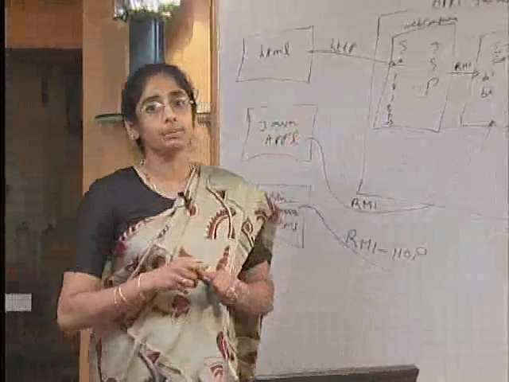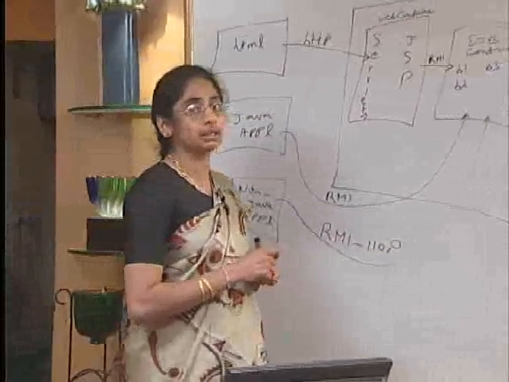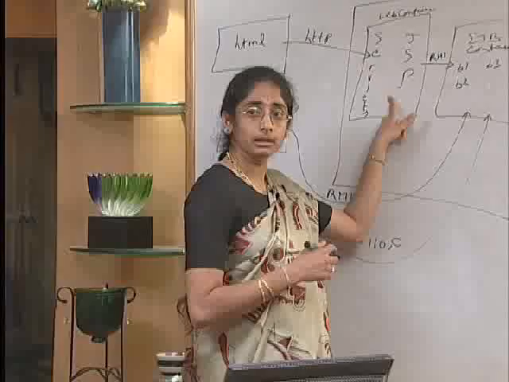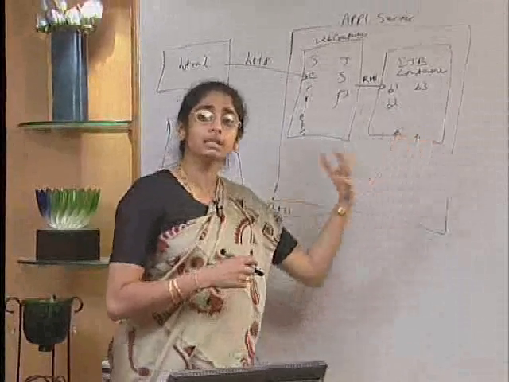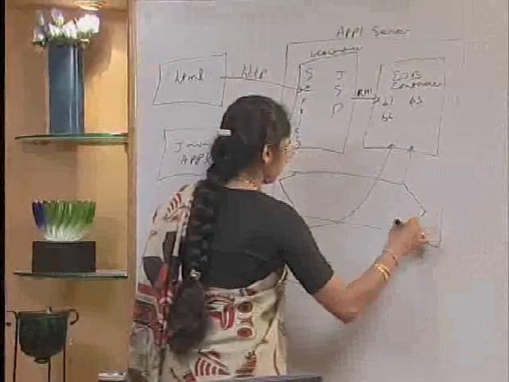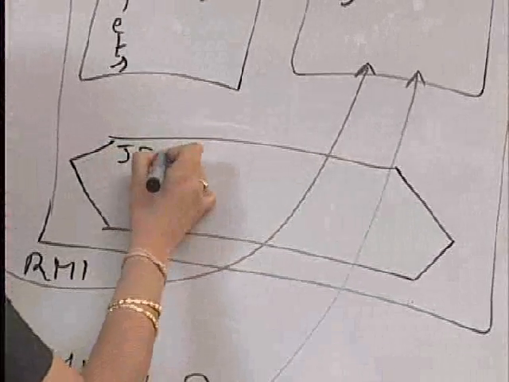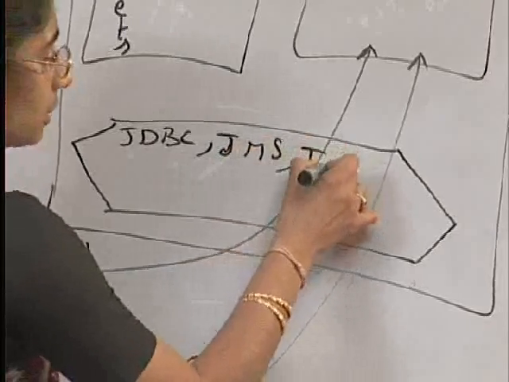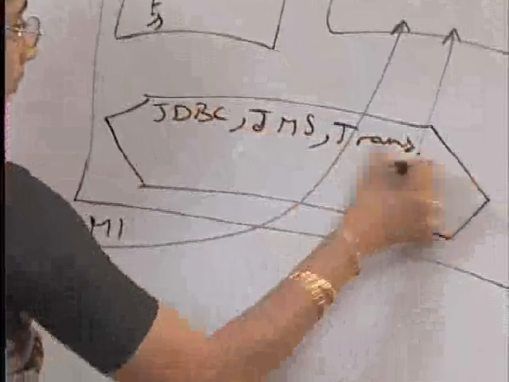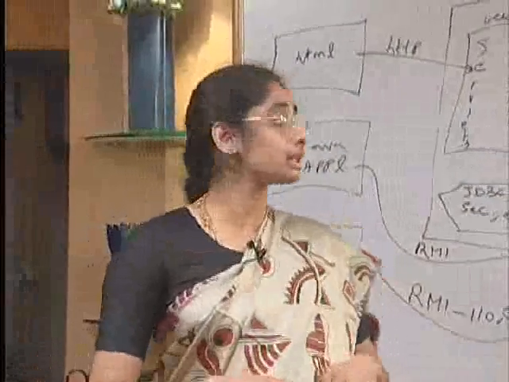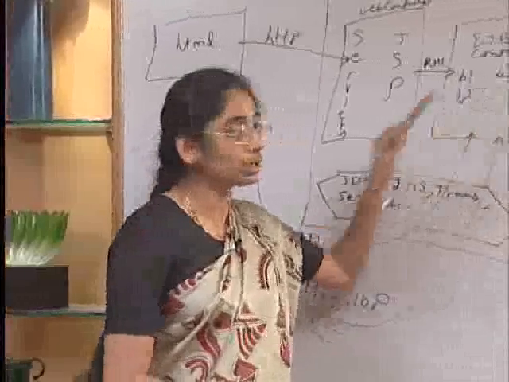As we have seen, the web server consists of only the web container, whereas the application server consists of a web container, EJB container plus other services like the database service, the messaging service, the transactional service, security service, etc. are provided by the application server, which the container supports and provides to your components.